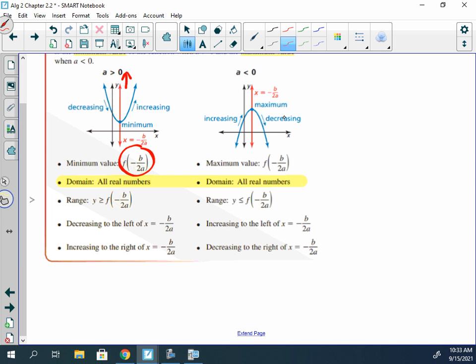However, at the minimum, is there ever going to be a point lower than that? No, because either side of that point is going up. So it's a minimum value. And really, it's just whatever the y value of the vertex is. And the range is always going to be greater than or equal to that value.